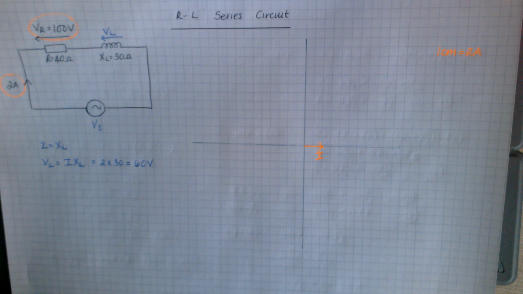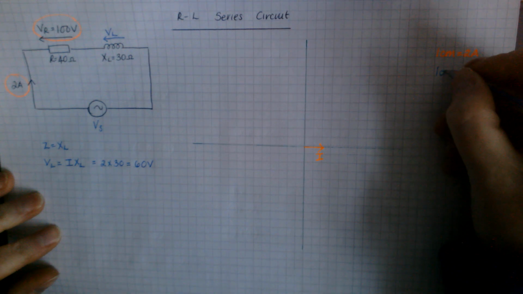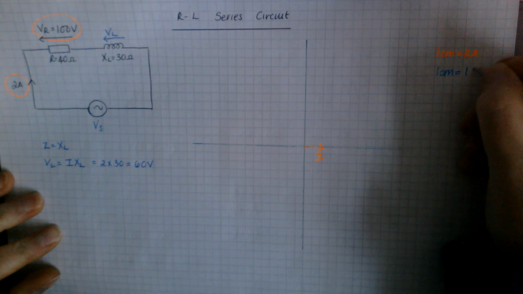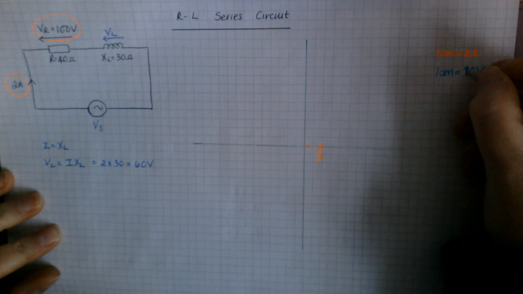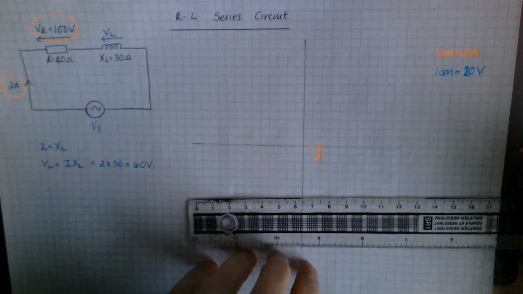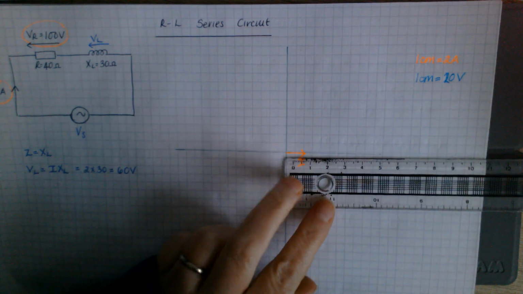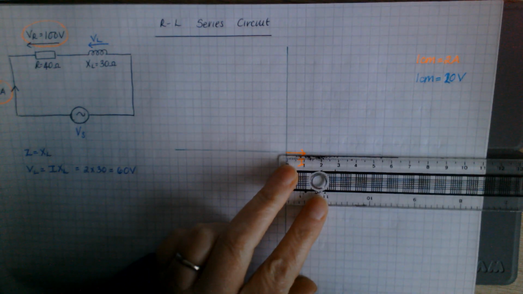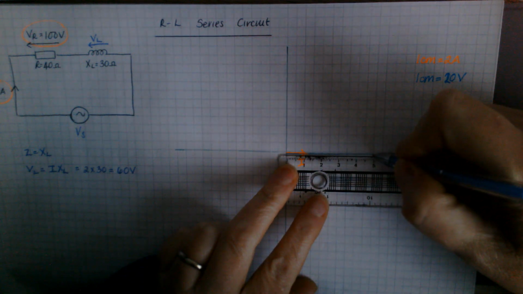Then when I look at my voltage phasors, I know my VR is in phase with my I. So I'll pick from a scale this time, 1 centimetre equals, say, 10 volts or 20 volts. 20 volts. 1 centimetre equals 20 volts. So my voltage across my resistor, I've got 100 volts there. Okay. And I know it's in phase with my current phasor.